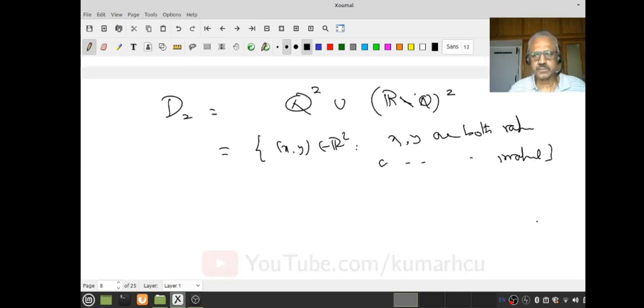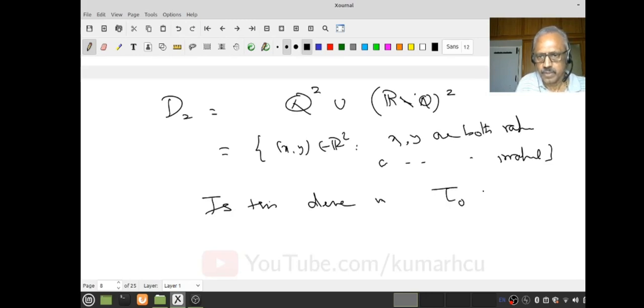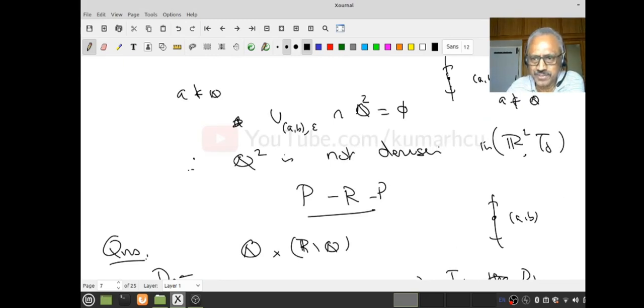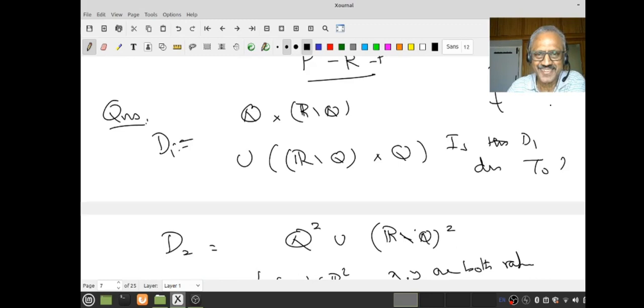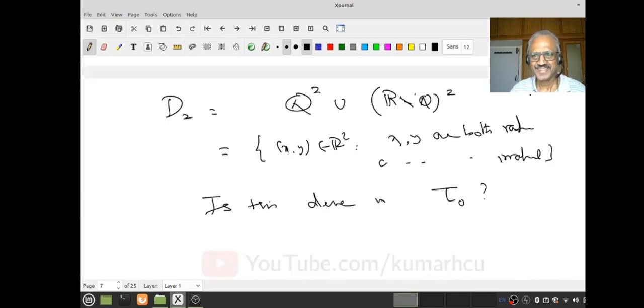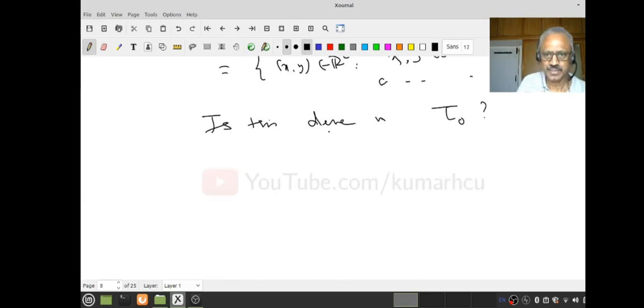Is this dense in the order topology? Again, if you look at the picture, this picture will immediately tell you it's child's play now. That is why, just because you learn the definition, don't just go ahead, play with it for a while. Look at some simple examples. So pause, review, proceed.